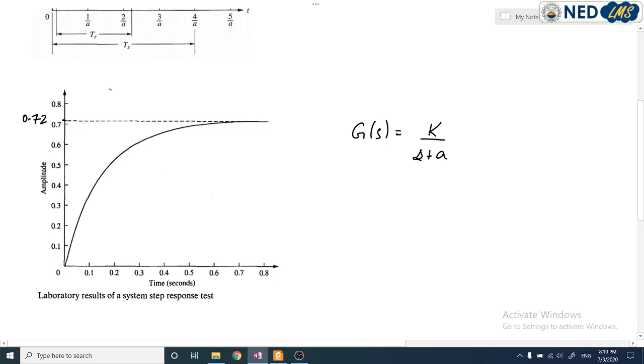Here the final value is 0.72, and if we calculate its 63%, it will be 0.72 multiplied by 0.63, and the answer is 0.45.